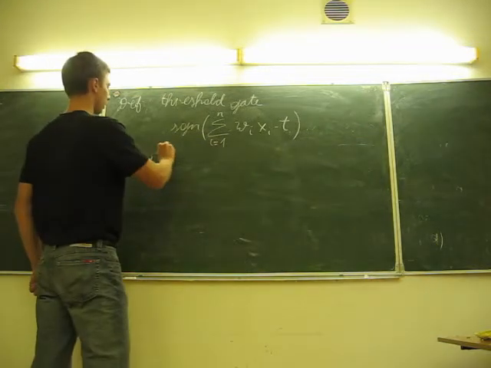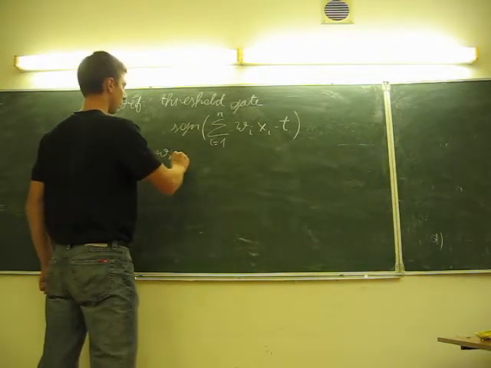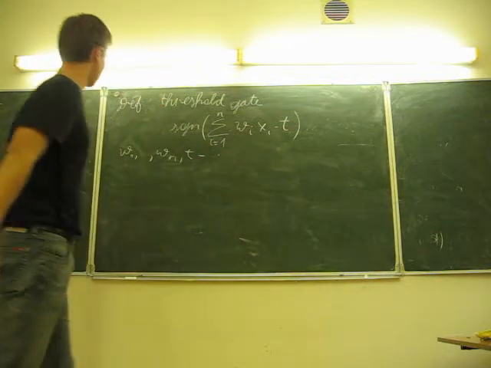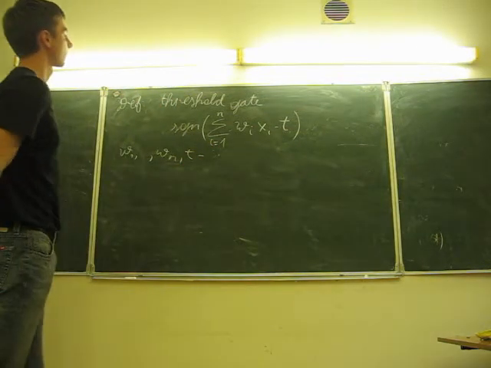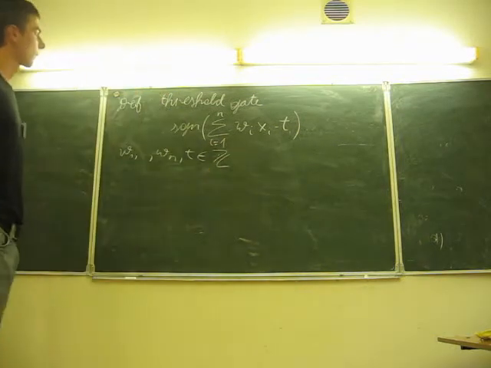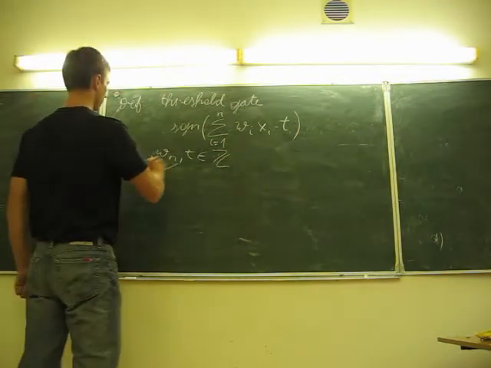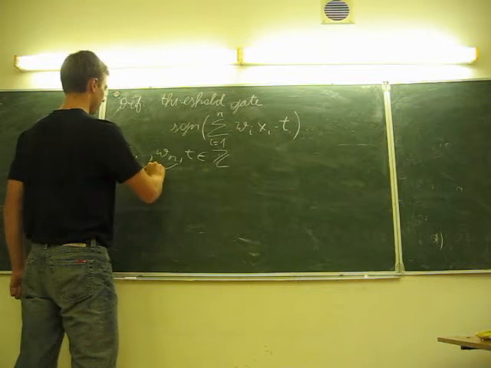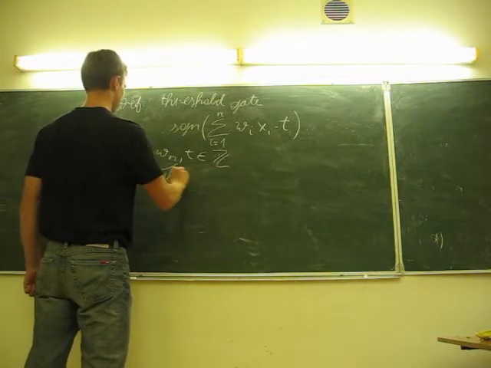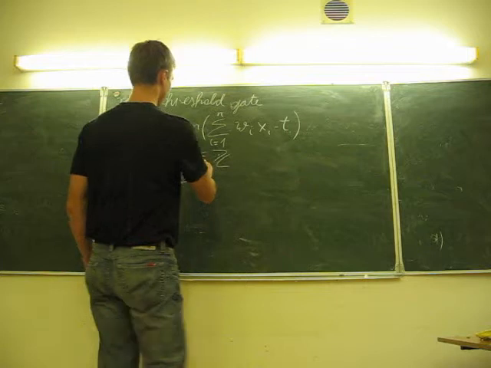The W's and T are integers, and the W's are called weights, and T is a threshold.